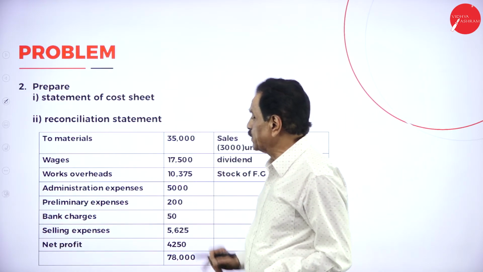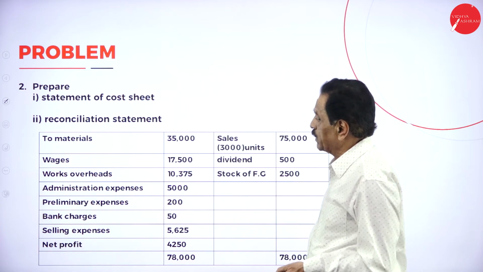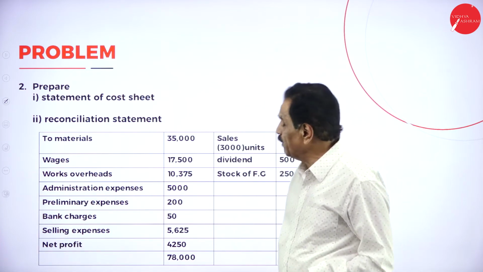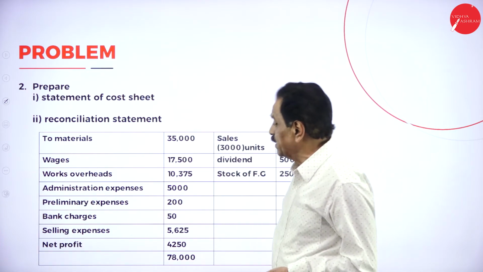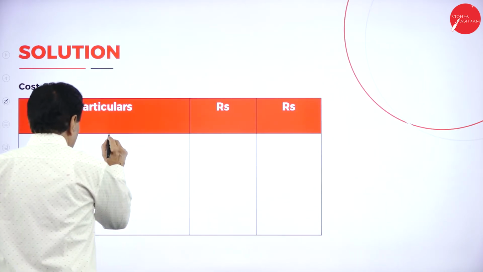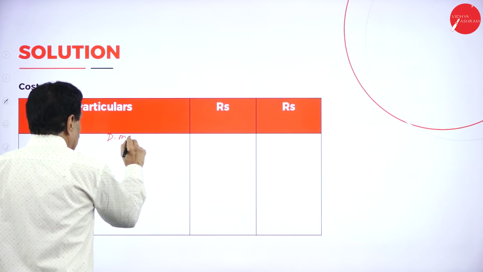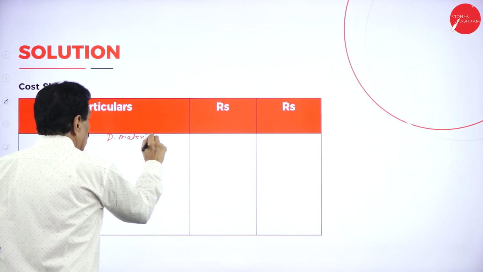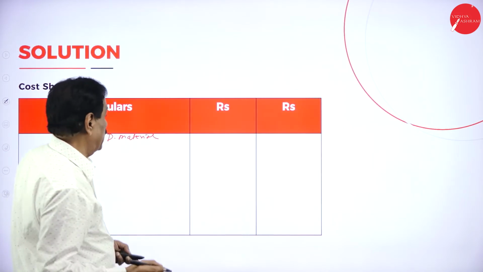So next problem is same say. So we'll start with this slowly. You have to prepare the cost sheet, then you have to do. So direct material. First you have to prepare the cost sheet.